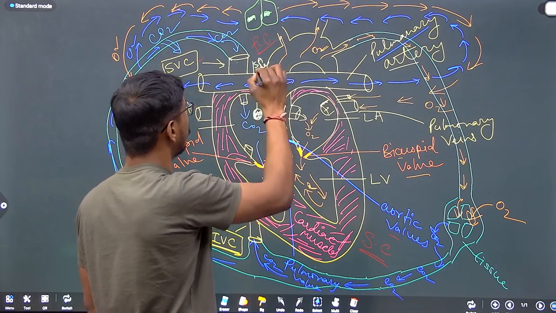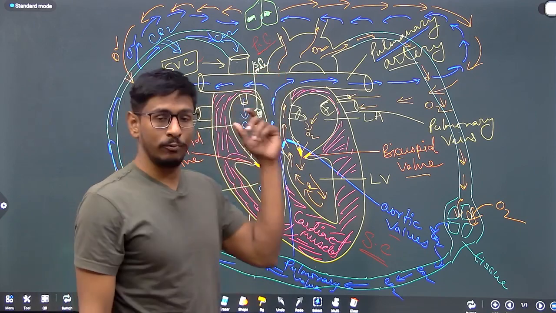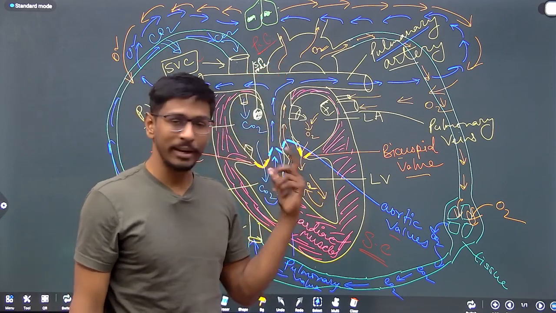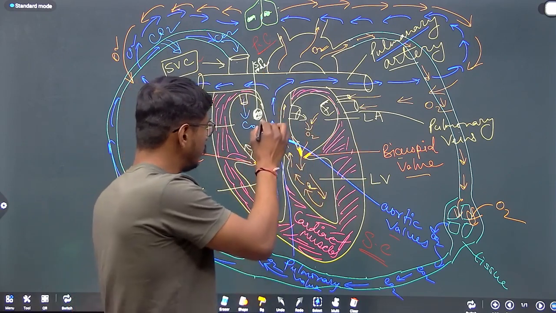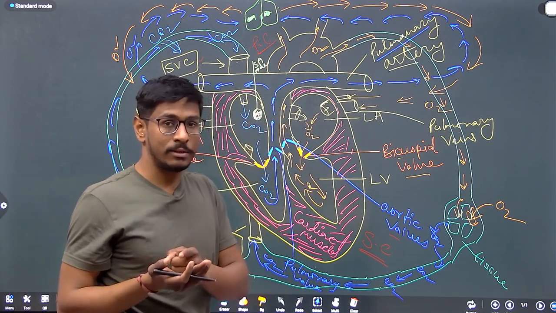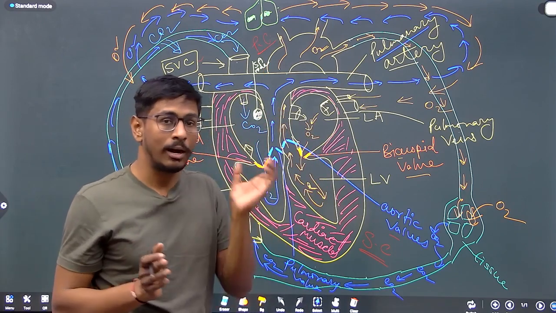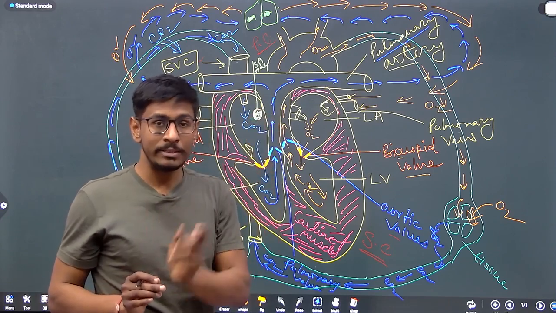I don't know whether it is visible or not, but we are running out of space on this board and the screen is filled. So this is the SA node, and the signals for beating of the heart are generated in the SA node. The full form of SA is sinoatrial node.